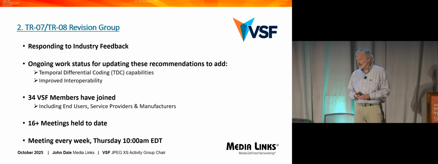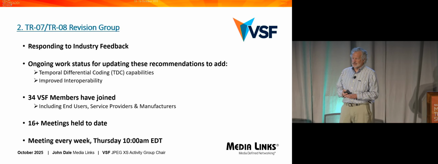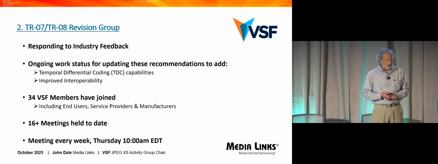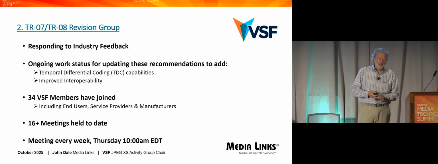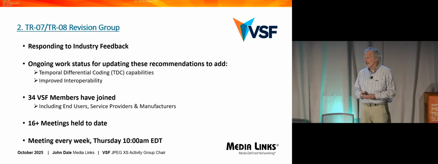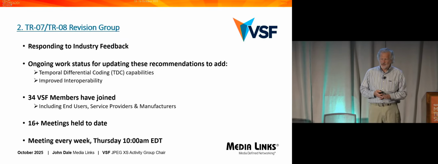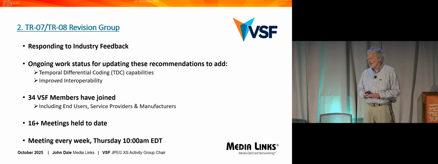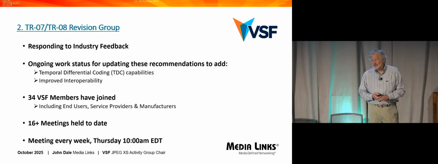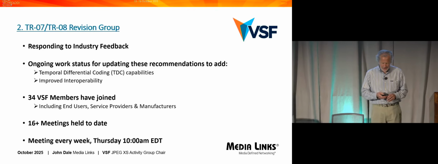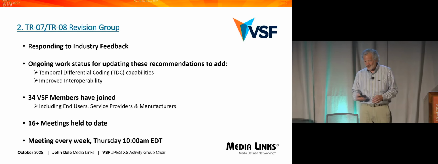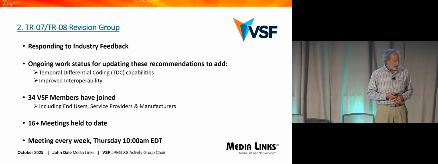There's 34 members that have joined the activity group. That was pretty impressive in terms of a number of interested parties in updating or revising these recommendations. We've had 18 meetings to date, meetings every week, Thursdays at 10 a.m., and you have to be a VSF member to join the activity group.